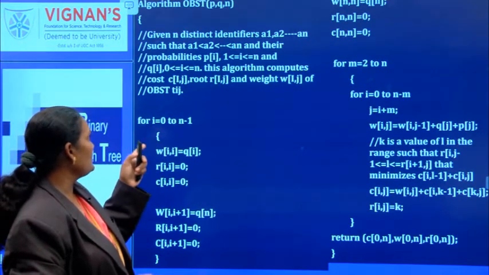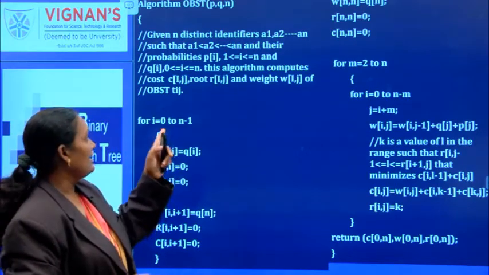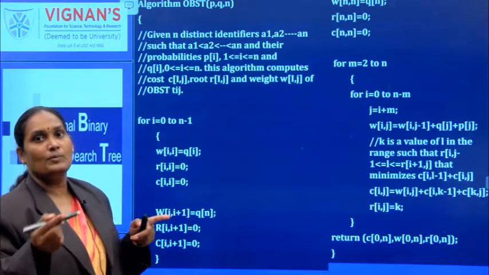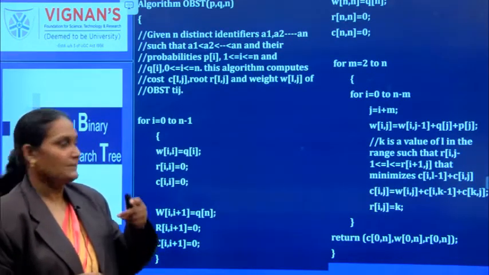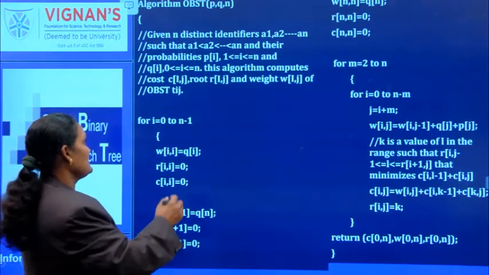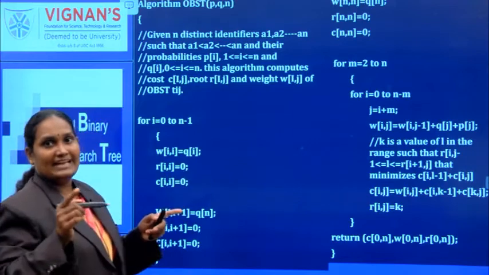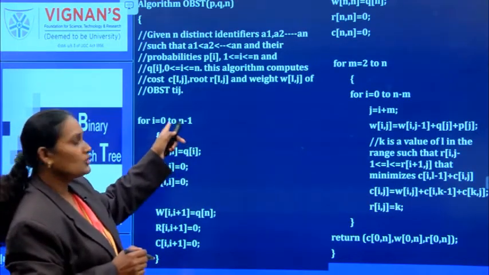Here I am going to find C, the cost, R, the root, and W, the weight of the tree, and we are going to find the OBST, which is nothing but T, the optimal binary search tree. Now what is the procedure that I am following? For i equal to 0 to n minus 1, first I am going to find weight, root, and cost for all the nodes 0 to n minus 1.